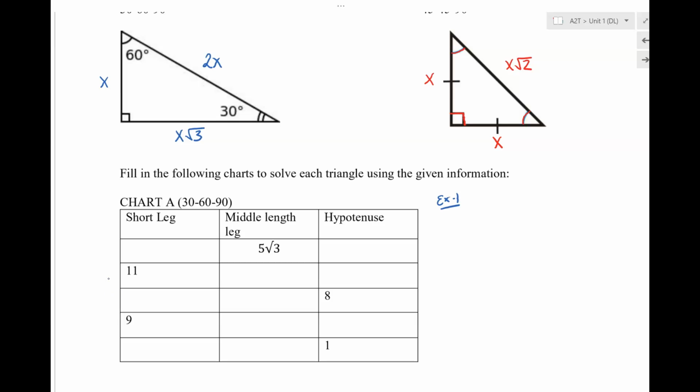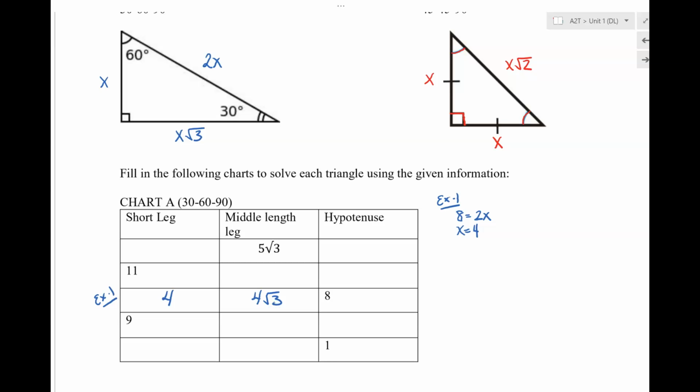If I know that my hypotenuse is 8, and I need to find the short leg, the leg that's across from the 30, then I'm going to say that 8 is equal to 2x, x being my shortest leg, because I know that relationship with my 30, 60, 90 triangle. Then if I divide by 2, x is 4. So my shortest leg is going to be 4. What would my middle leg be? It would be that short leg times rad 3.